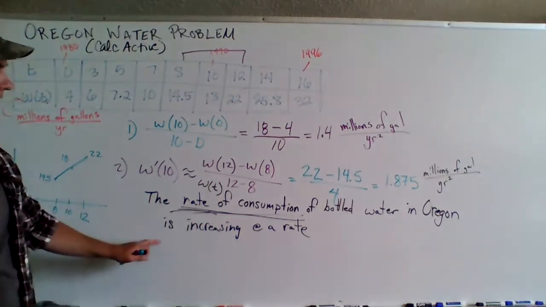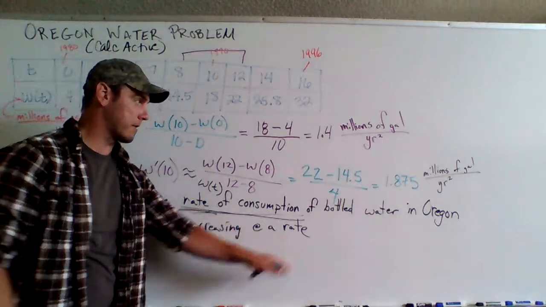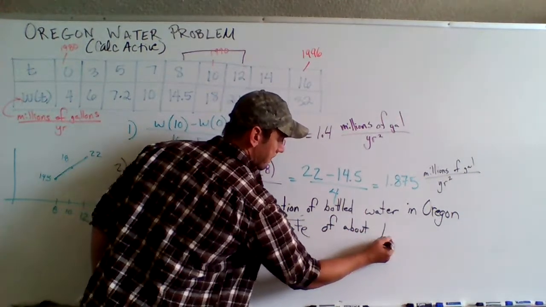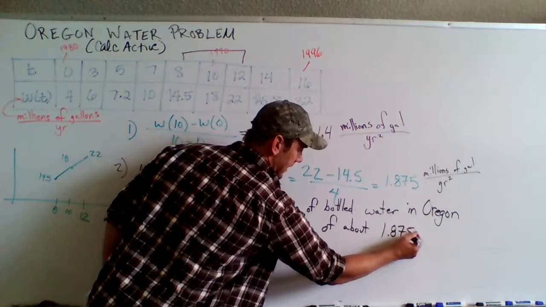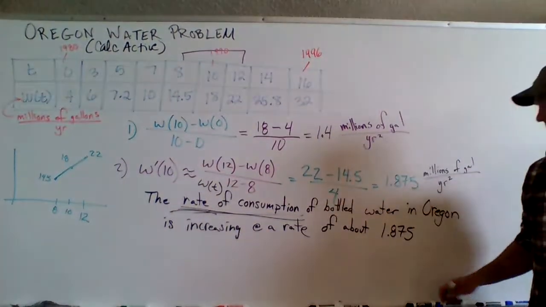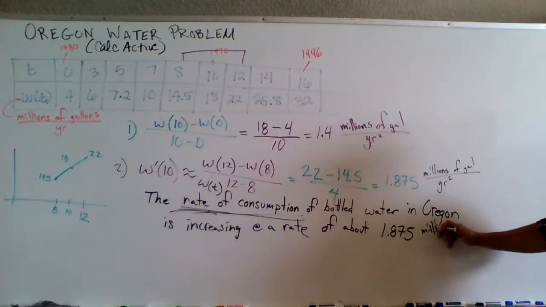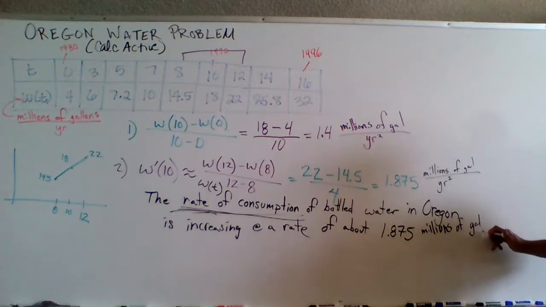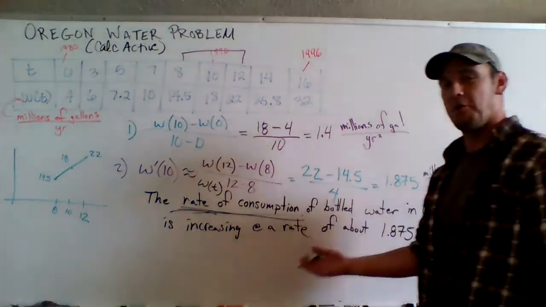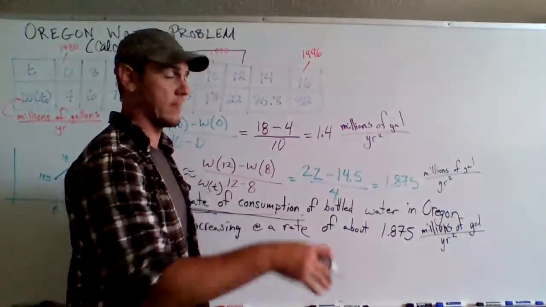Then we always say it is increasing at a rate of about 1.875, and make sure you include your units here, even though I already wrote it up there earlier: millions of gallons per year squared.